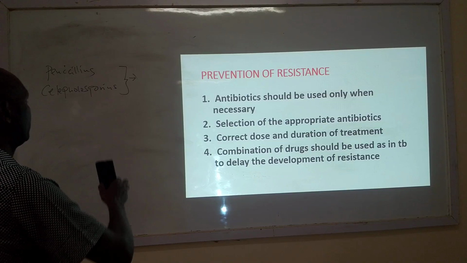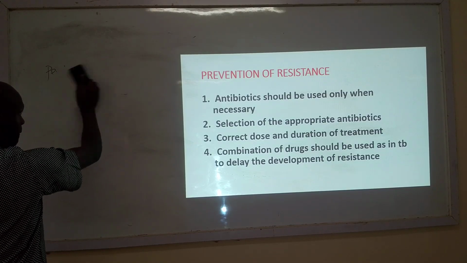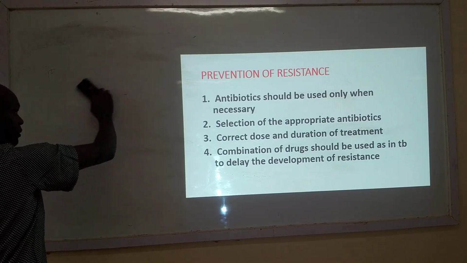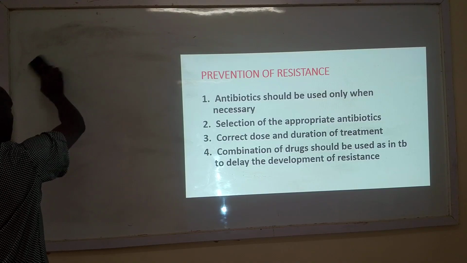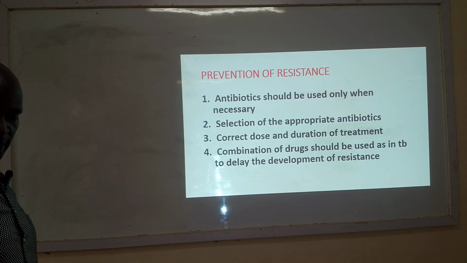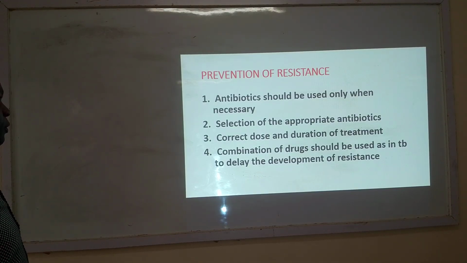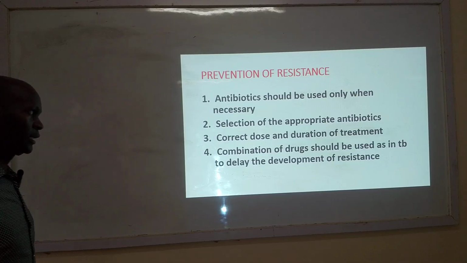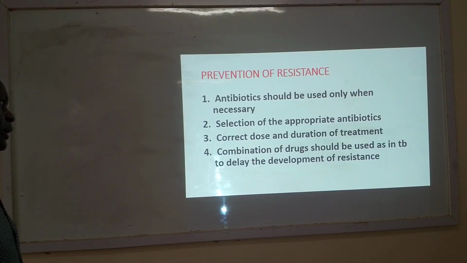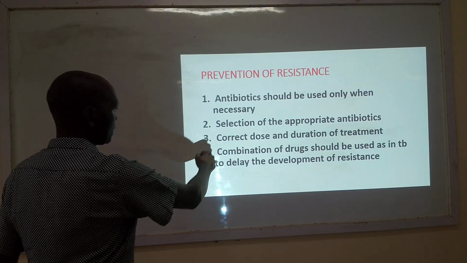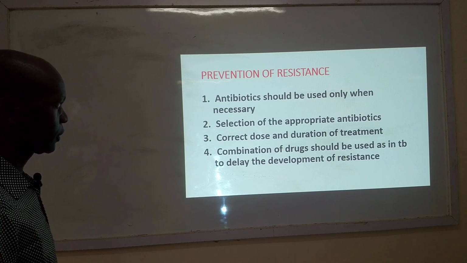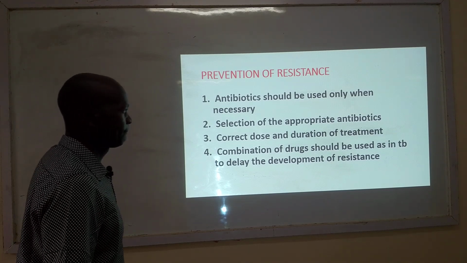So how do we prevent resistance? One, you must use antibiotics only when necessary. Two, you must select the appropriate antibiotic. Three, you must prescribe the correct dose and duration of treatment.